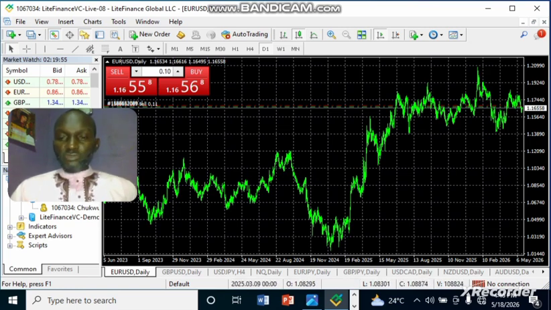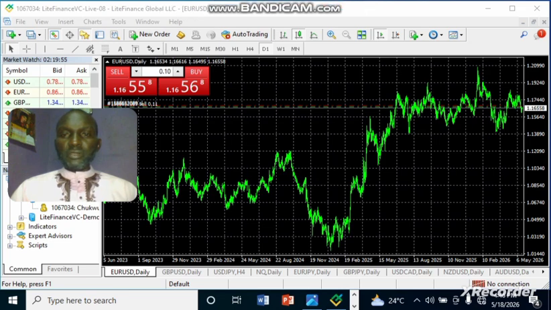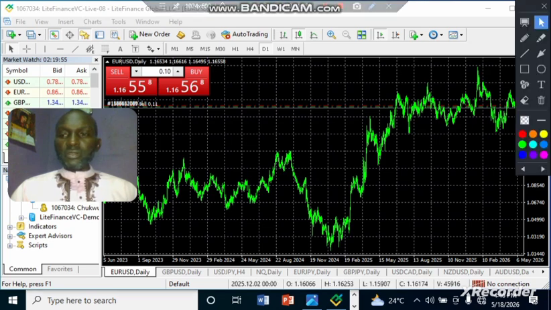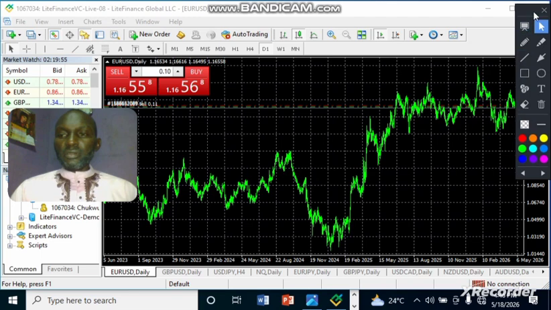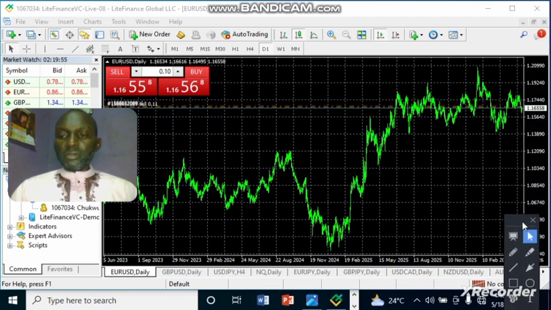As you can see the movement, look at how the pair has been moving upward. Why I'm showing you this, look at how the pair, the EURUSD, has been moving upward, and finally came down.